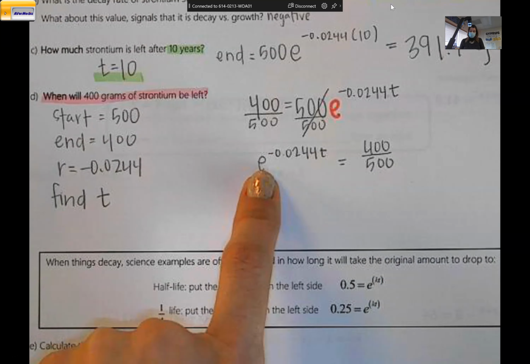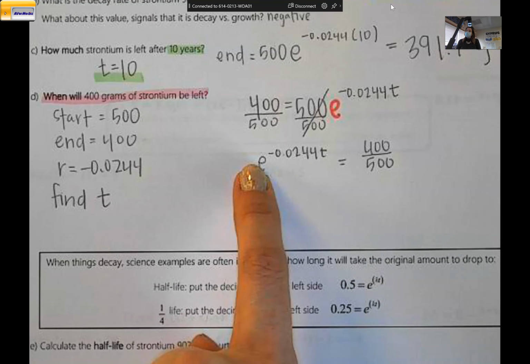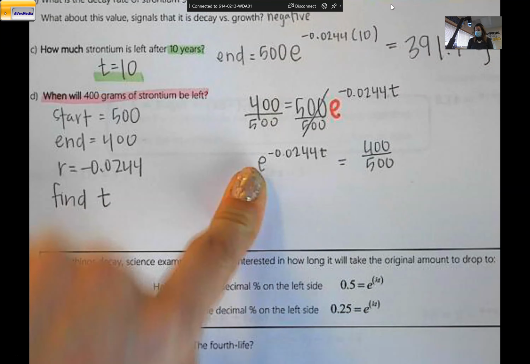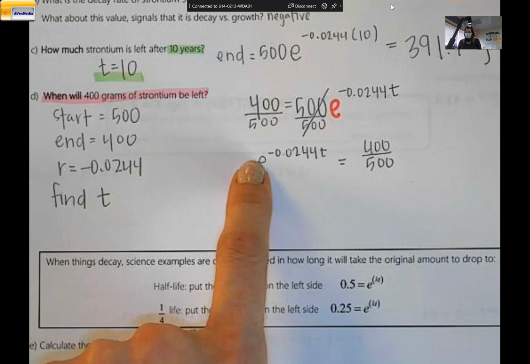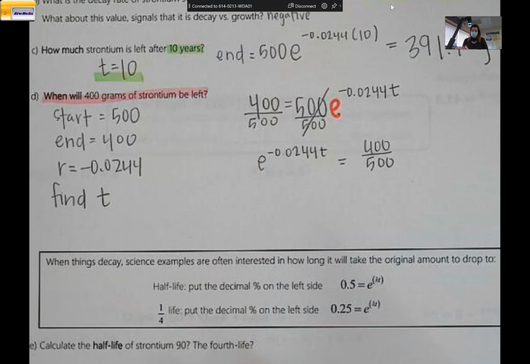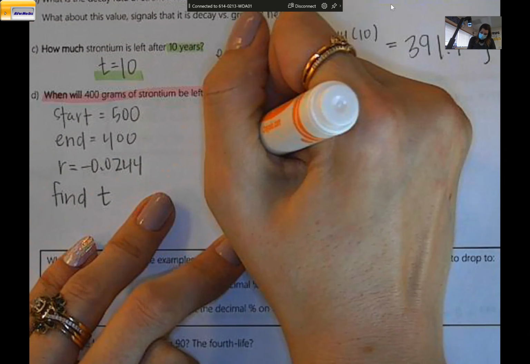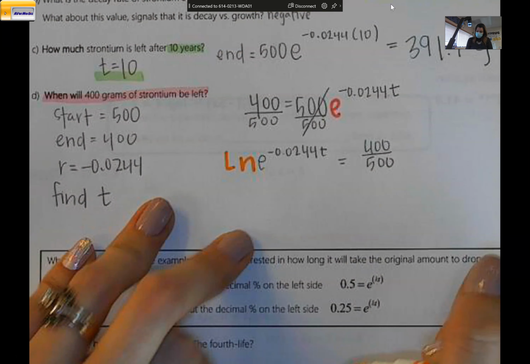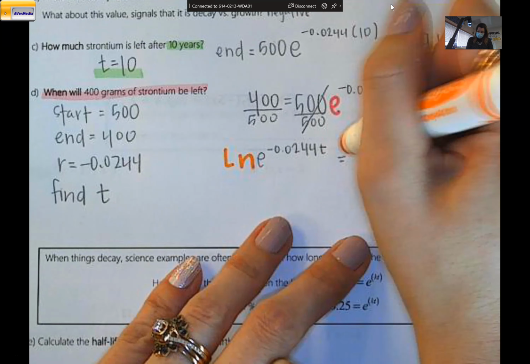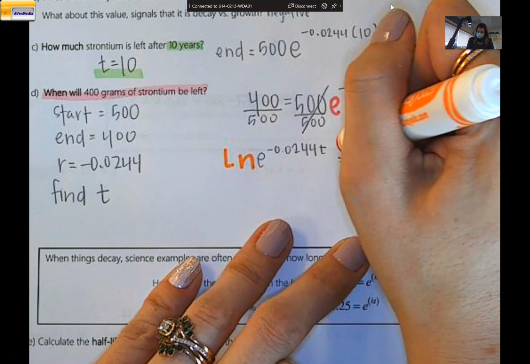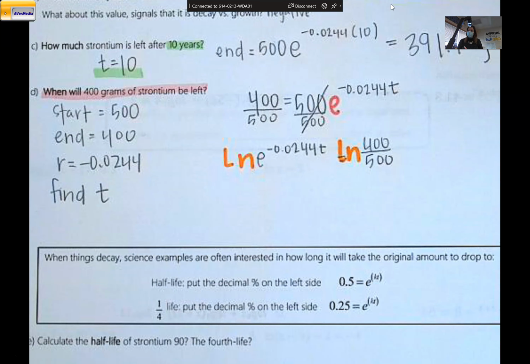Okay, now that this E is all by itself, you can take the natural log of both sides. So because E is all alone here, we can say natural log on the left side and do a natural log on the right side.